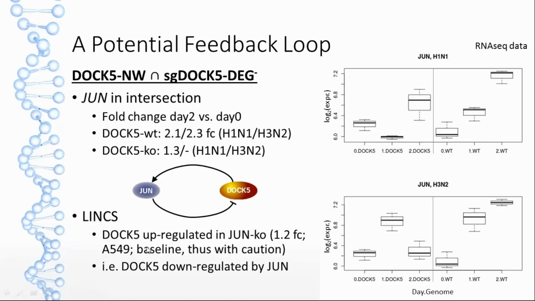But again, this is baseline, so it's taken with caution. Nevertheless, this could be some feedback loop. We haven't tested it further, and this has to be tested further for validation. But nevertheless, we find it pretty neat that there apparently is something that at least we could explain as a feedback loop. But if it's really true, it has to be shown.